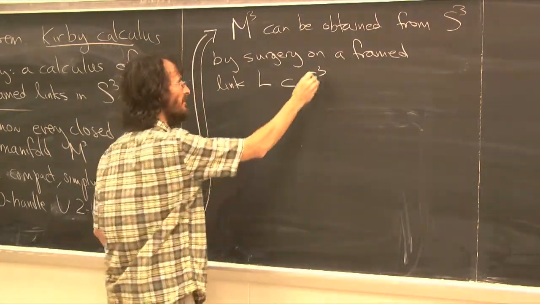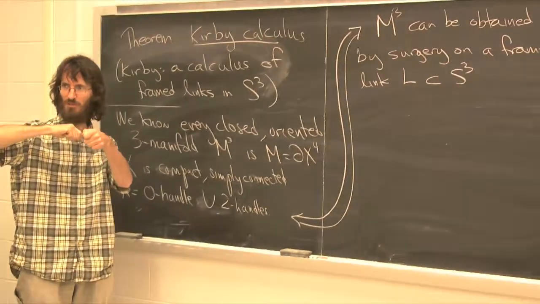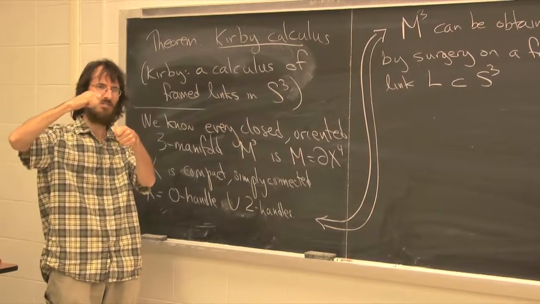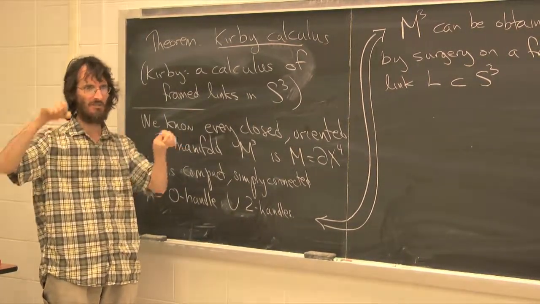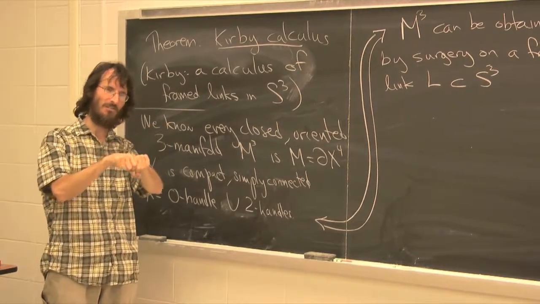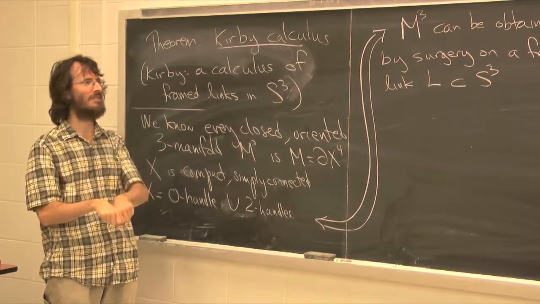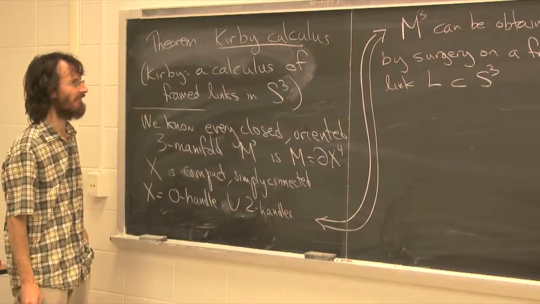What we showed is that there was a sequence of embedded circles inside S3, with framing, such that if you remove the solid torus neighborhoods of these circles and glue solid tori back in certain ways, given by those framings, you change S3 into M.